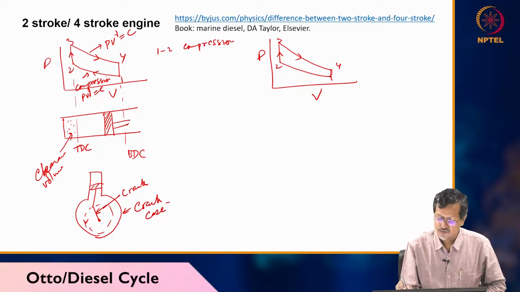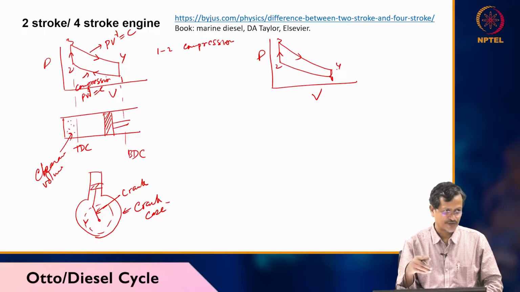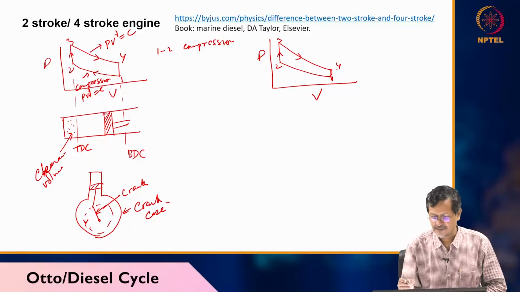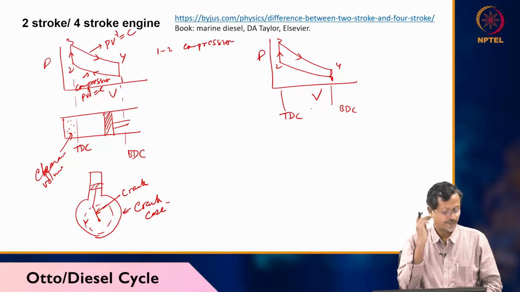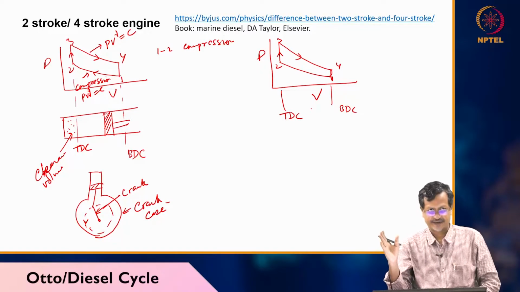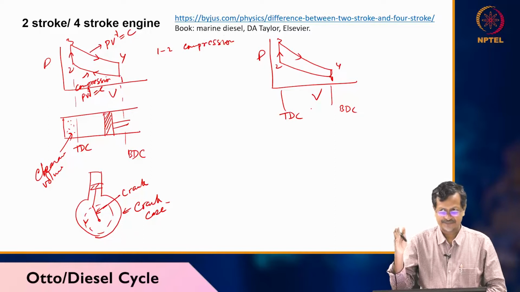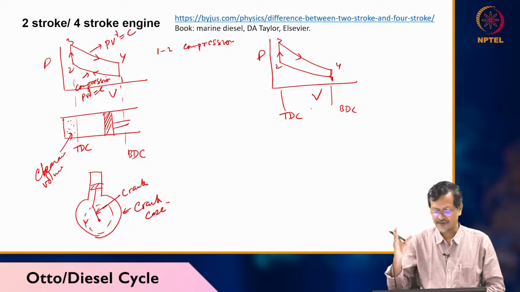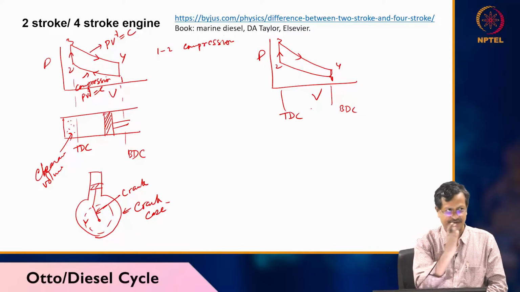So from 4 to 1, exhaust, we are assuming exhaust is happening, but practically it is not possible. So what will happen? Piston, BDC, TDC. When the piston reaches bottom dead center, you open the exhaust port, okay, and you push the piston towards TDC.